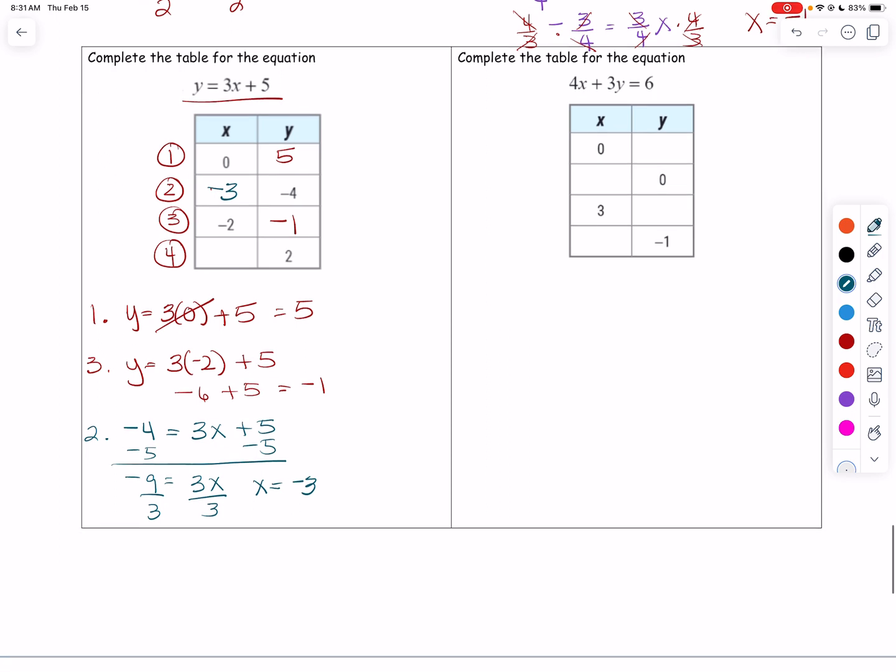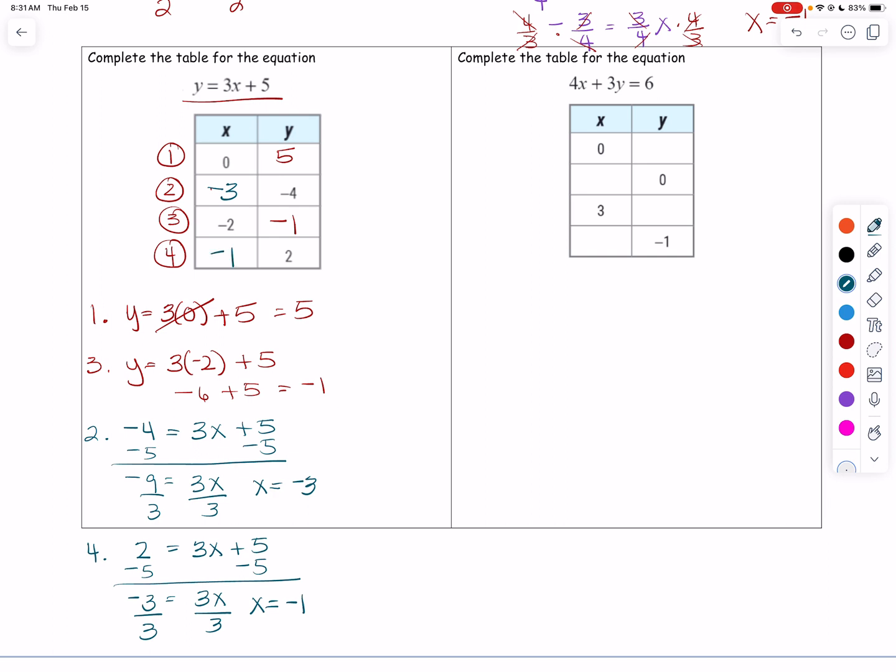And then the last one, number 4, y is 2, is equal to 3x plus 5. Subtract 5. That gives me negative 3 is equal to 3x. Divide by 3. X is negative 1.